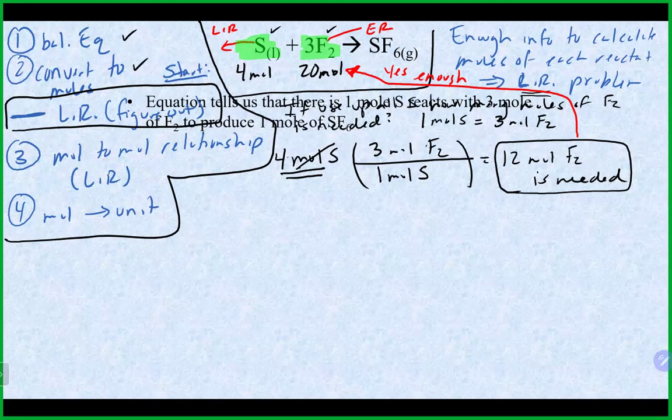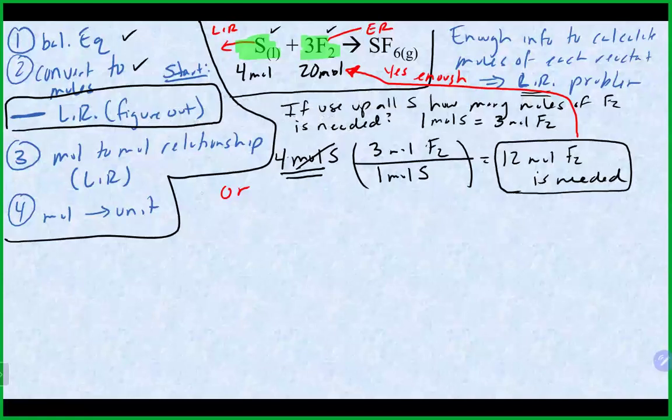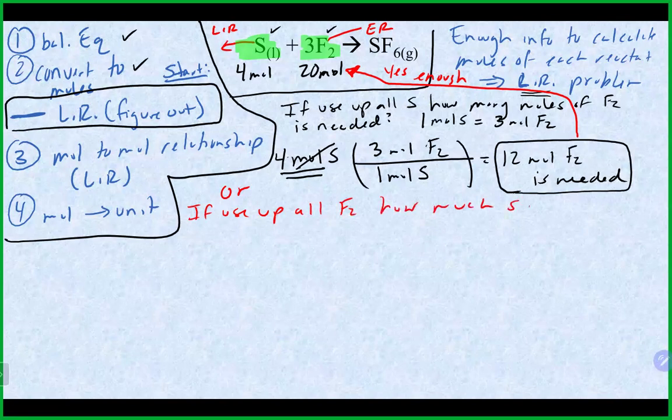Now, I actually chose sulfur and fluorine to figure out how much fluorine I would need to use up all my sulfur. You could have, if you wanted to, done the reverse calculation, which is if I want to use up all of my fluorine, how much sulfur is needed.